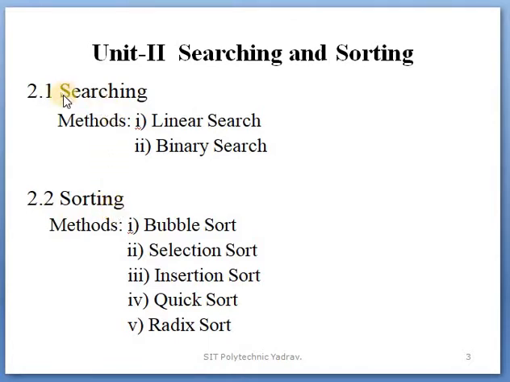Point 2.1 is completed. Now we start 2.2 Sorting. We already completed the bubble sort method in a previous lecture. Up to today's lecture we completed the concept of searching, linear search, binary search, then the sorting concept, and then the bubble sort method.